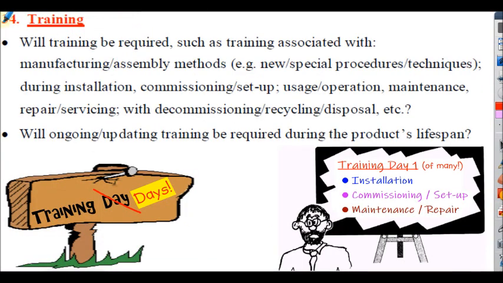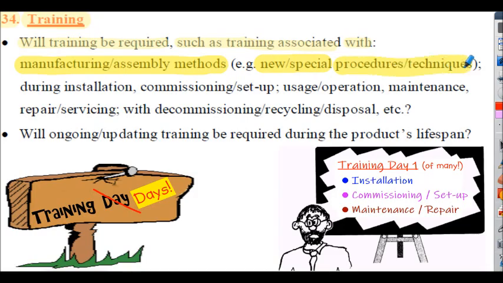Requirement 34, training. Will training be required, such as training associated with manufacture and assembly methods? Maybe there are new special procedures, techniques required in the production of the product or system. Will there be training needs during the installation phase, whilst commissioning and setting up the new product or system in the workplace?